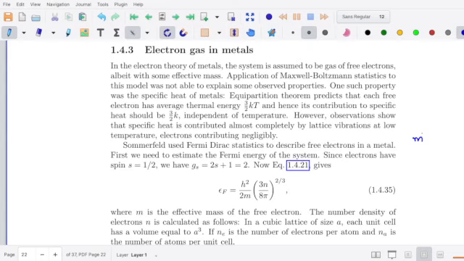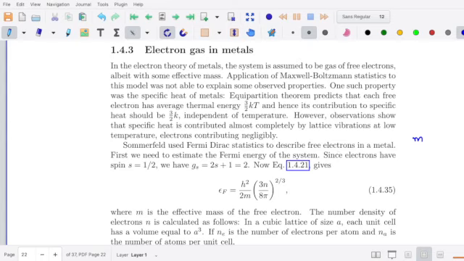Now, if the temperature at which we are considering the metals, and for us it is room temperature, is much less than the Fermi temperature of the metal, then obviously this is going to be a degenerate case. Whereas if the temperature is much above the Fermi temperature, then it belongs to the case of a non-degenerate Fermi gas. So the first thing we need to do here is to estimate the Fermi energy and the Fermi temperature.